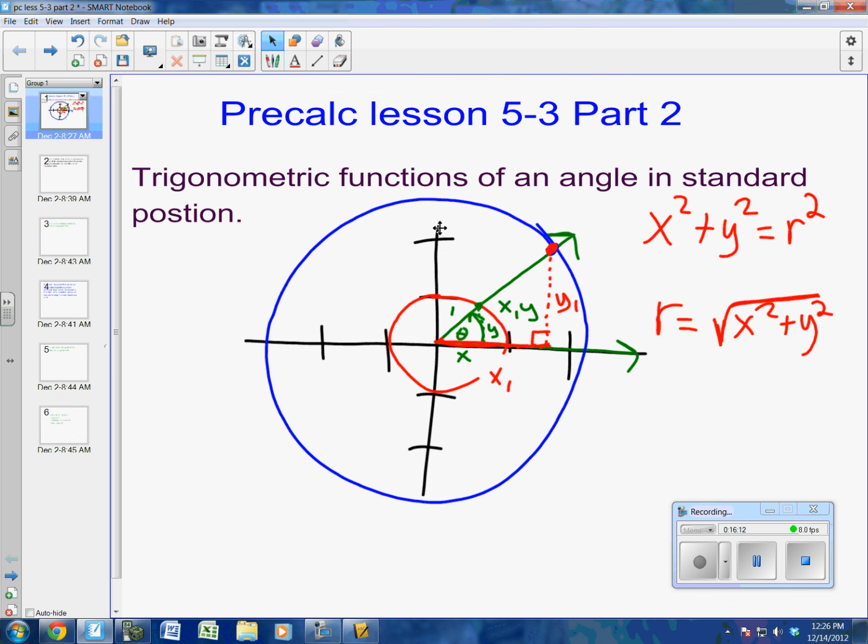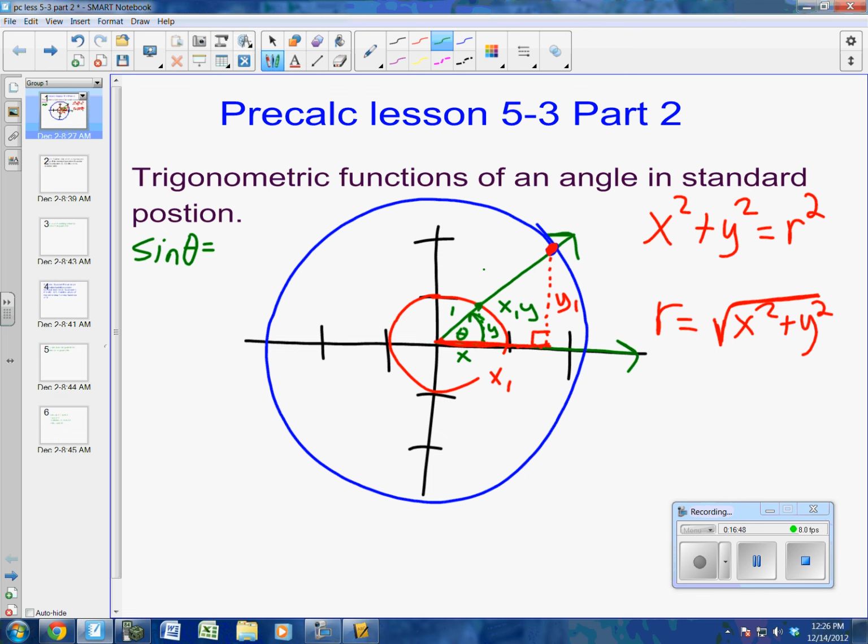Okay, so here is the definition. We're gonna use this to come up with the definitions of the trig functions. We're gonna start with sine of theta. This is for a unit circle. How do you find the sine? What was the right triangle trigonometry definition of sine? Opposite over hypotenuse. So here's my angle theta. What's opposite of this? y1, right? What's the hypotenuse? r, because remember we just defined the radius r.